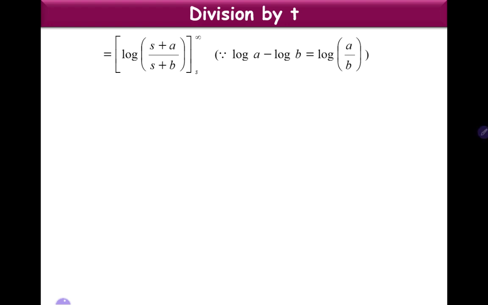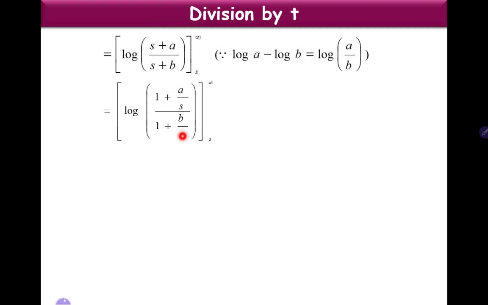So, log s plus a minus log s plus b can be written as log of s plus a by s plus b, because log a minus log b is log of a by b, within the limits s to infinity. And this can be written as log of 1 plus a by s by 1 plus b by s. What did we do here?